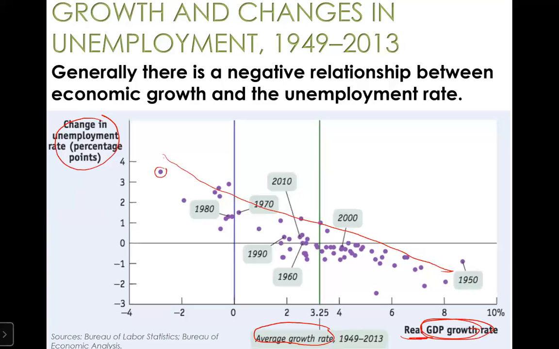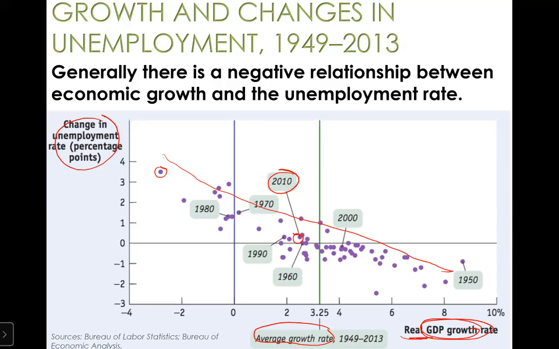So each dot, for example this dot, represents 2010, or a particular year after 1948. Again, this is for the US economy. And from this graph, you can see there's a significant negative correlation between real GDP growth and change in unemployment rate.